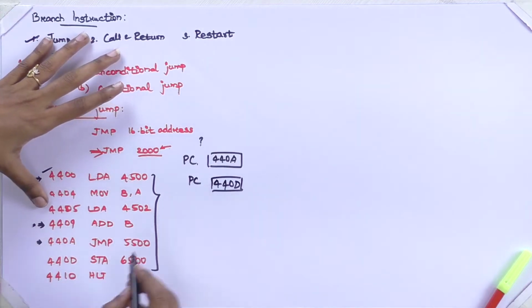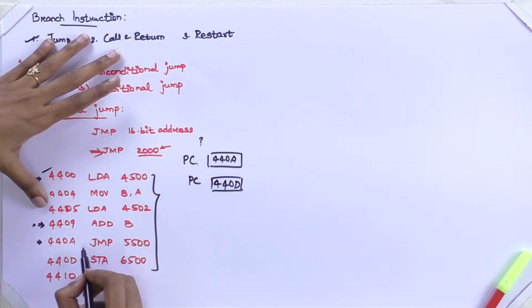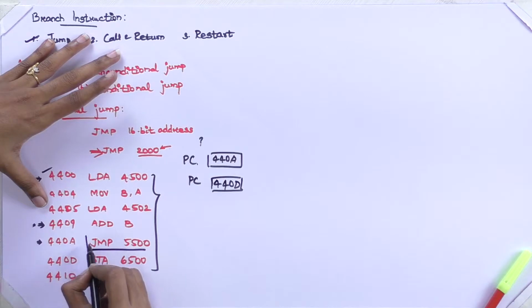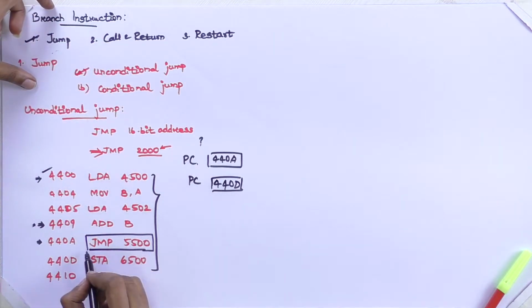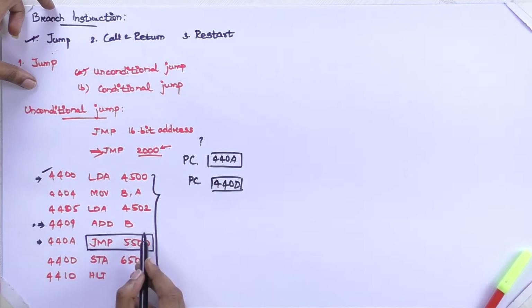But when your processor sees this instruction, JMP 5500, we didn't mention any condition for jumping.